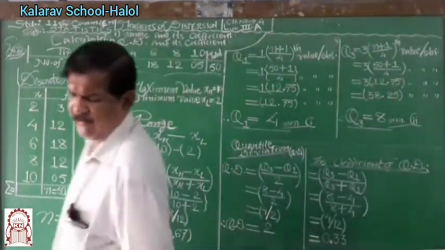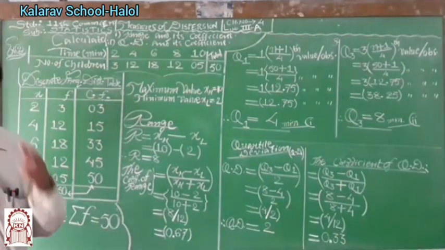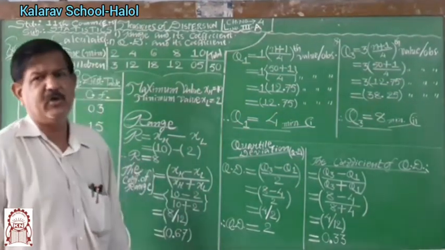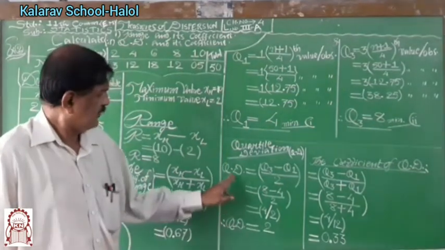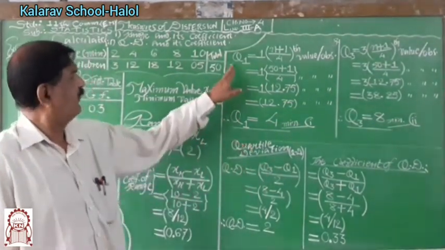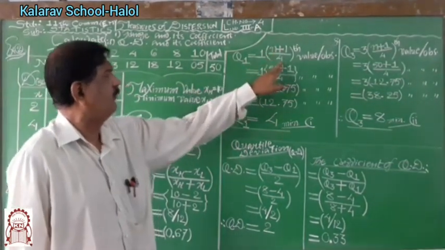Now for this example, quartile deviation and the coefficient of quartile deviation. Quartile deviation is also known as semi-interquartile range. For this purpose, we have to calculate Q1 and Q3. Q1 means 1 inside the bracket n plus 1 upon 4.